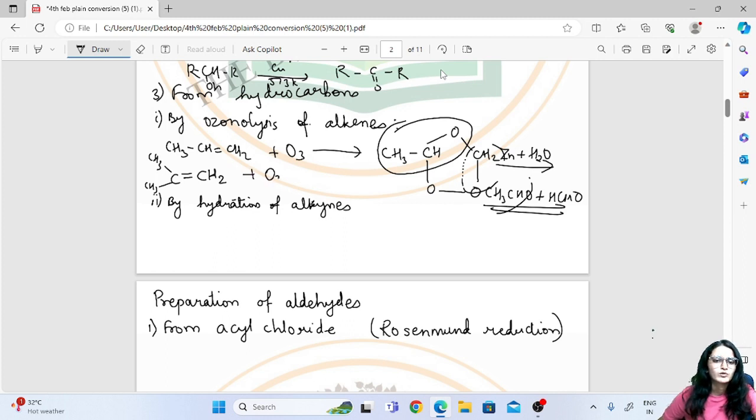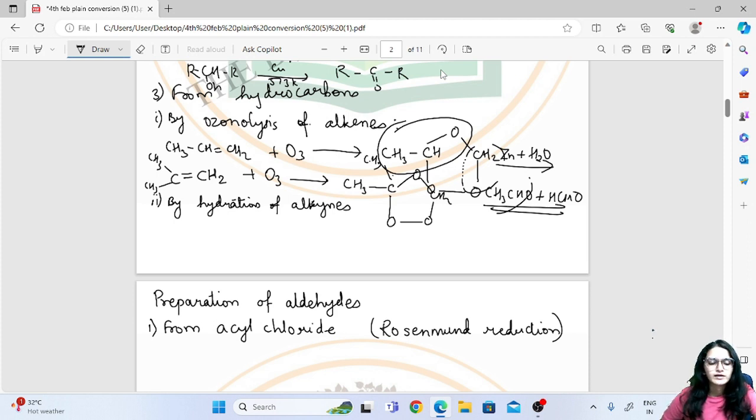Okay, and if I add O3 to it, then what will I get? I will get CH3, C, then again here CH3, and this is oxygen, and here I will get oxygen, and then CH2, and here O.